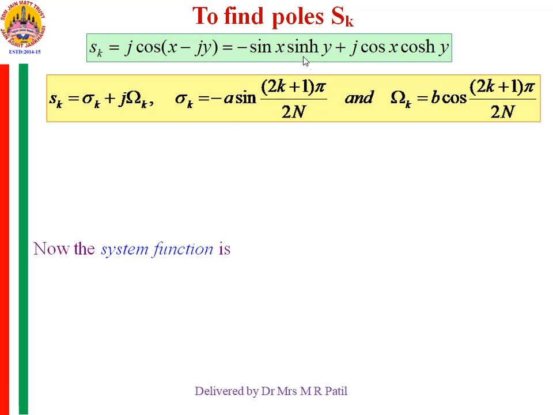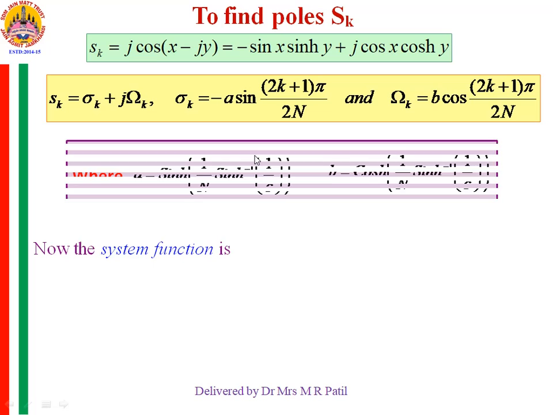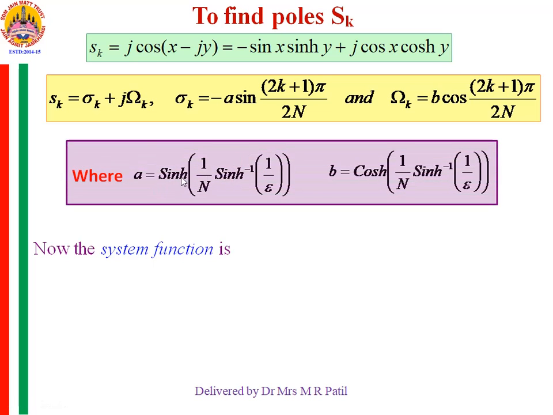A is nothing but sine hyperbolic of y, and if you substitute the value of y, a is sine hyperbolic of 1 by n sine hyperbolic inverse 1 by epsilon, and omega k is b into cos of (2k plus 1) pi by 2n. So here in this equation I am substituting the value of x, and b is this part, cos hyperbolic y, and then substituting the value of y, you get b is equal to cos hyperbolic of 1 by n sine hyperbolic inverse 1 by epsilon.